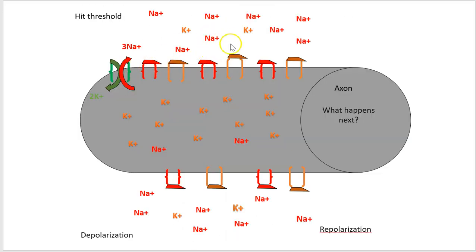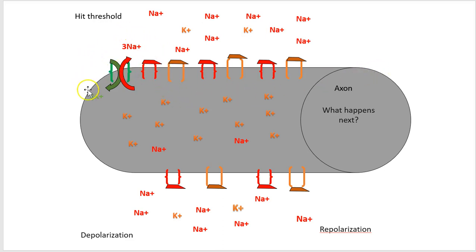As this is propagating down the neuron, and the sodium and potassium are in the wrong spot, these pumps are going to pump them back where they need to be so that this neuron can fire another action potential within milliseconds. So it fires very quickly and then goes back to resting very quickly and can fire again.